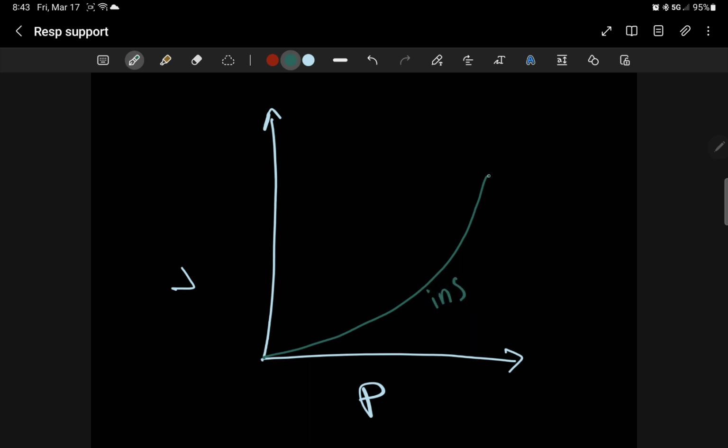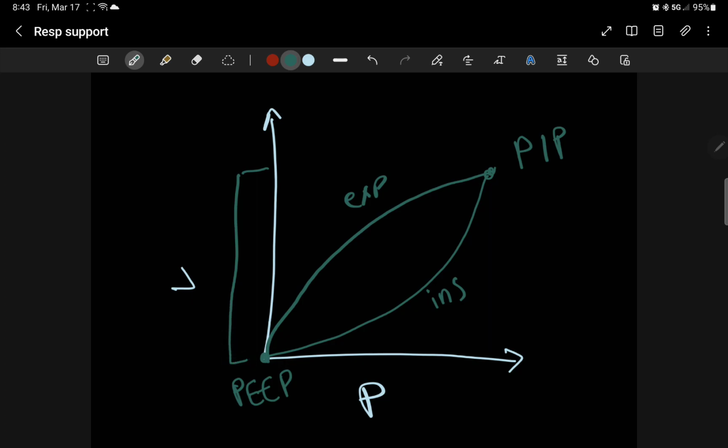And then this patient is exhaling, so this is the expiration. That means, what is this? This is your positive end expiratory pressure. This is your peak inspiratory pressure. And this is your tidal volume.